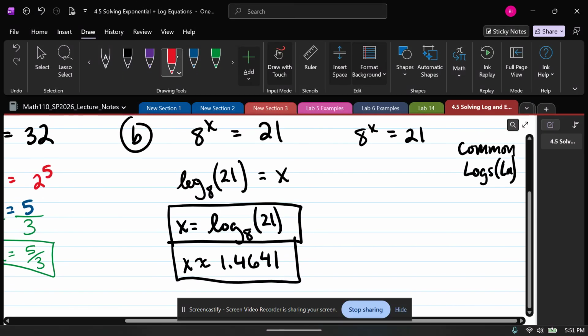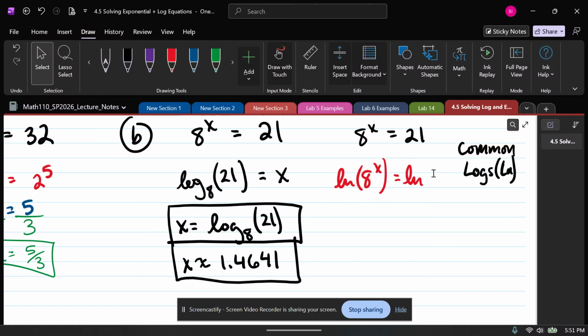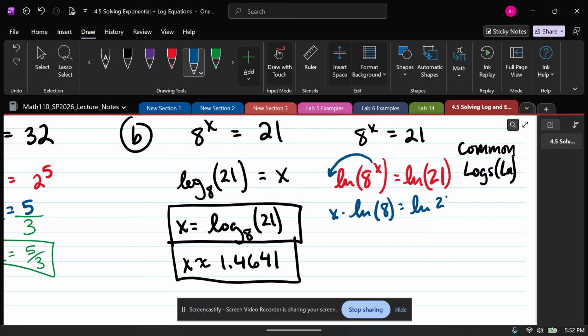I'm going to take the natural log of both sides. So I've got natural log of 8 to the x equals natural log of 21. My log property lets me drop this x to the front. And now all I've got to do to solve that is take the natural log of 8 and divide by it.